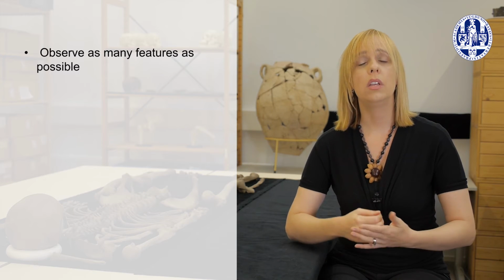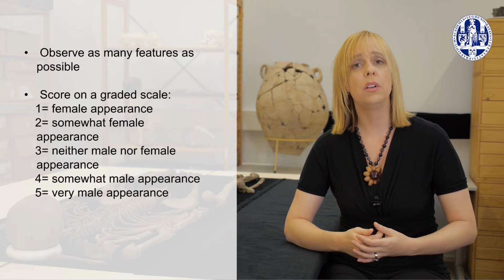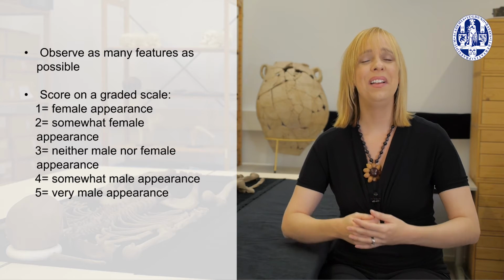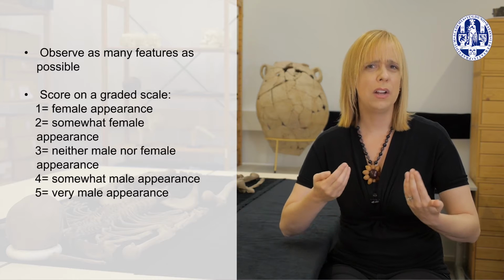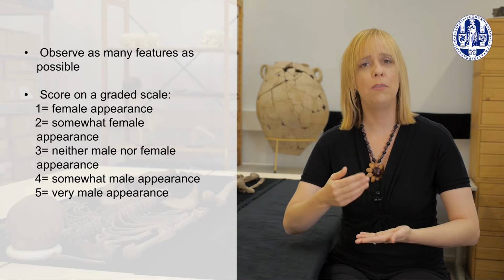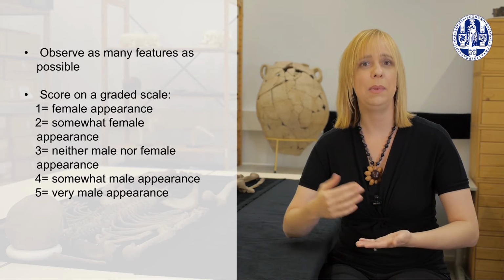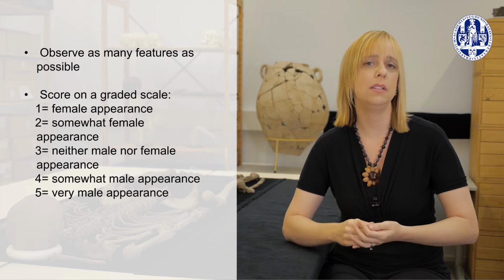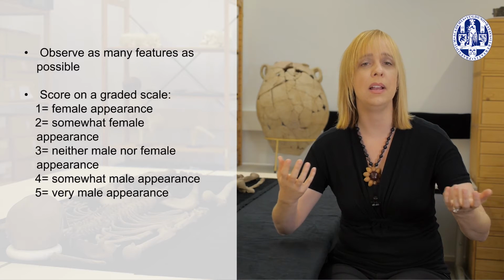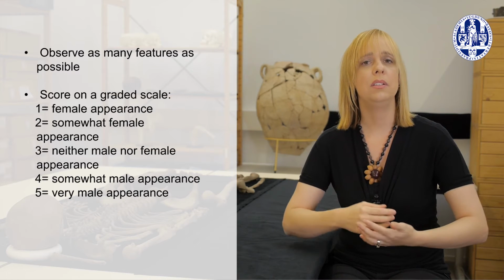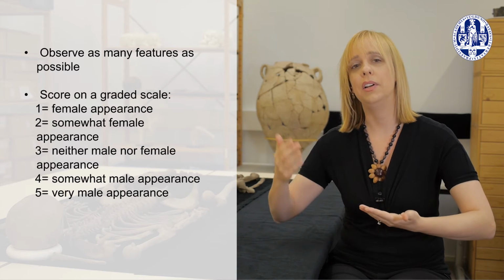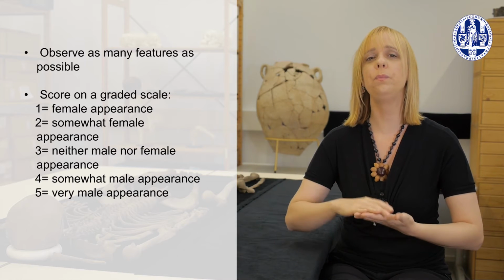Typically, osteoarchaeologists will score traits according to a 5-stage system, as shown here. 5 means the trait has a very masculine appearance. 4 is a moderately male appearance. 3 is in the middle, and it's indeterminate in regards to male versus female. 2 has an appearance that is towards the female end of the range, where 1 has a very female appearance.